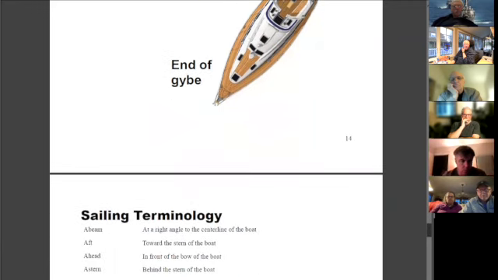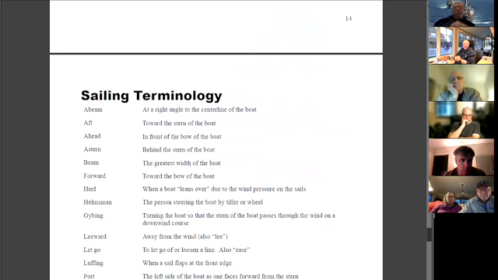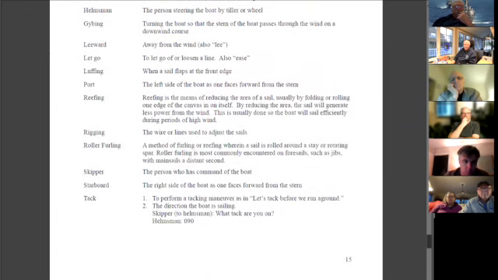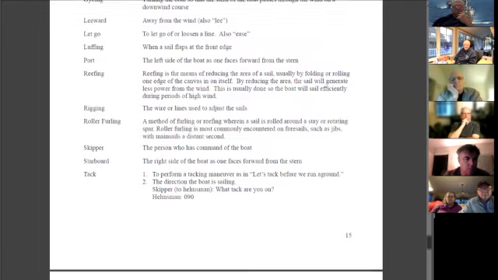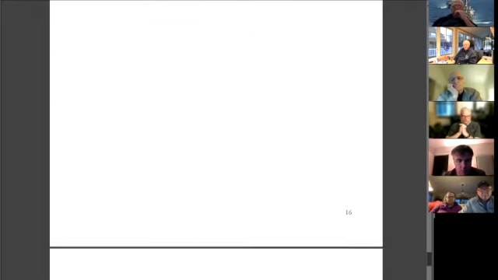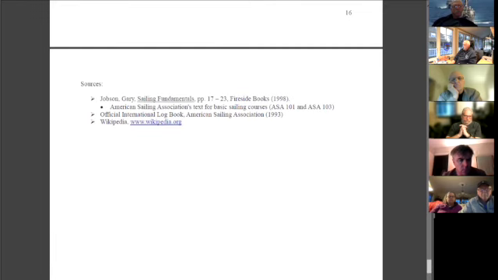And then that's followed with a number of the terms that we just talked about and were shown in the previous pages. So again, like I said, most of what I had and the pictures that were in here came from this ASA textbook.